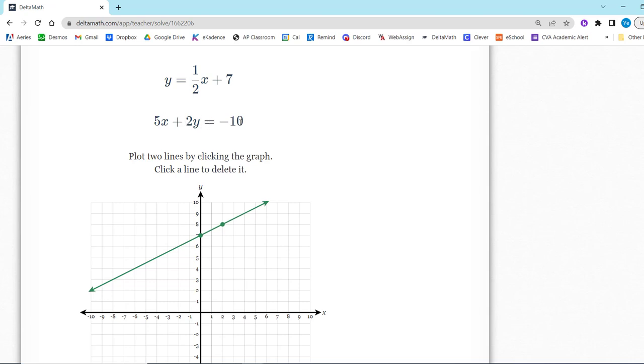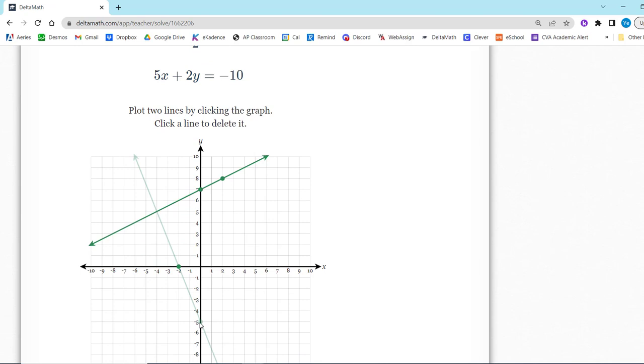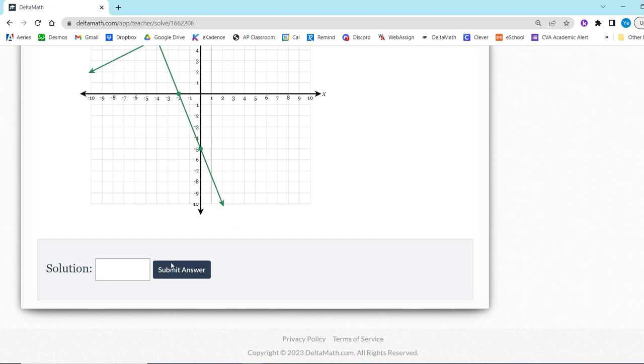So what times 5 is equal to negative 10? That's negative 2. Now I'm going to do the y-intercept. For the y-intercept, x is 0. So 2 times what is negative 10? That should be negative 5. And I can check my work a little bit, but basically the same idea. Where do they intersect? Negative 4, comma 5.